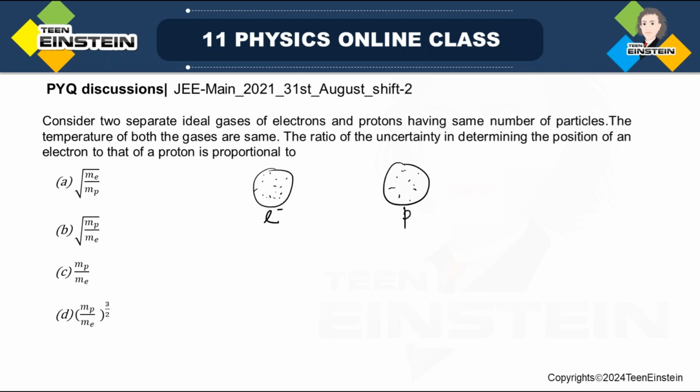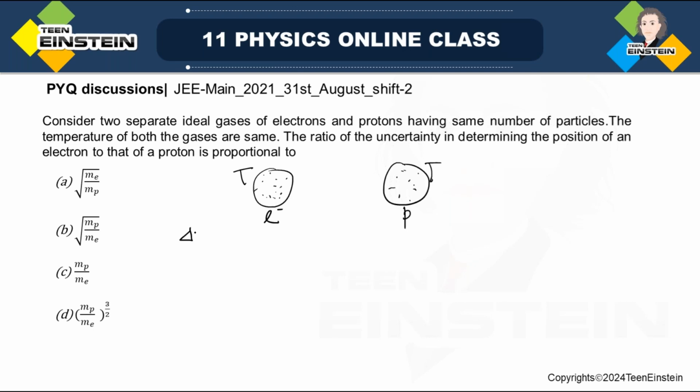The temperature of both gases are same. Okay, both of them are in same temperature. You have to find out the ratio of the uncertainty in determining the position of an electron to that of a proton.